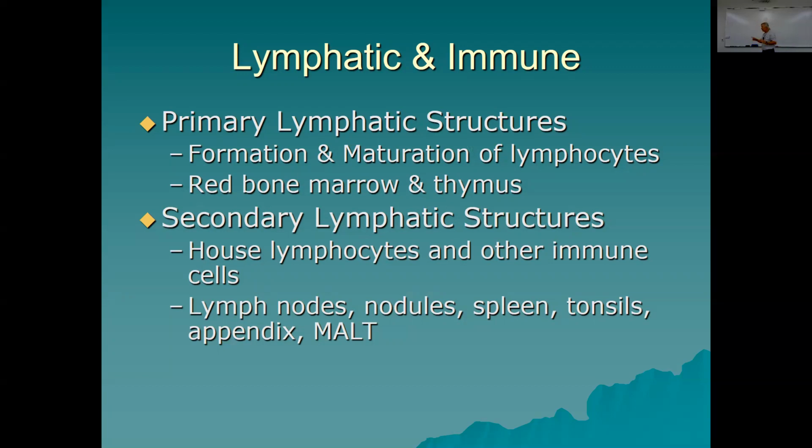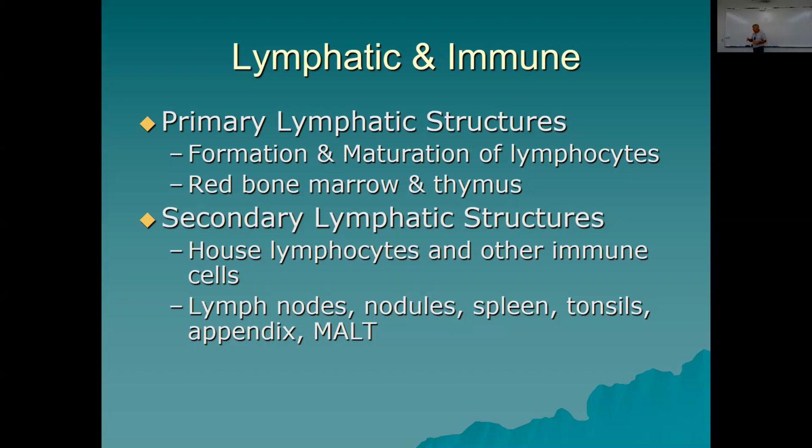All right. Secondary lymphatic structures. They house lymphocytes and other immune cells called dendritic cells, or macrophages, which are large phagocytic cells. In fact, several of the white blood cells are phagocytic. That means they surround foreign bodies, organisms, bring them in, and chew them up.